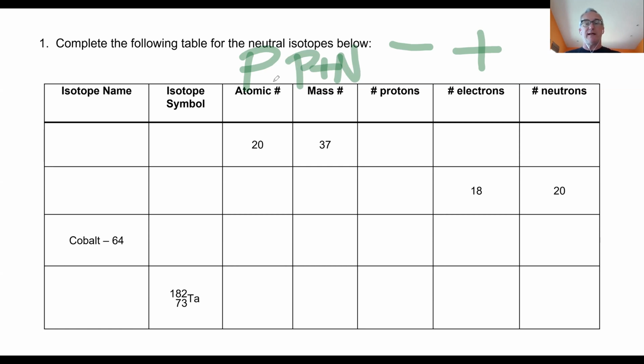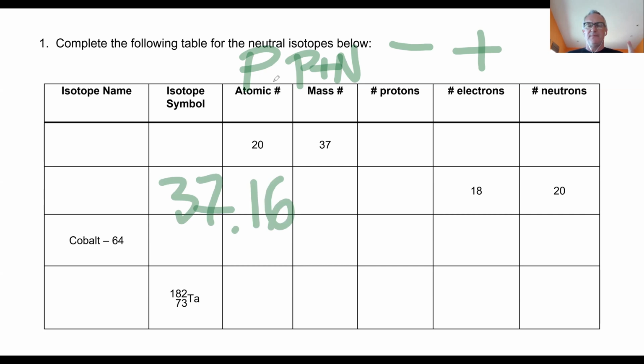So an atomic mass refers to basically a single atom. Because we know that if we look on the periodic table, and we'll be doing that a lot today, we're given a number like 37.16.